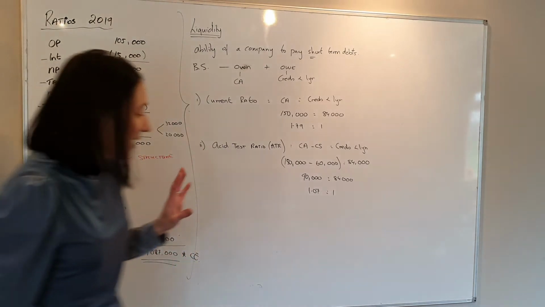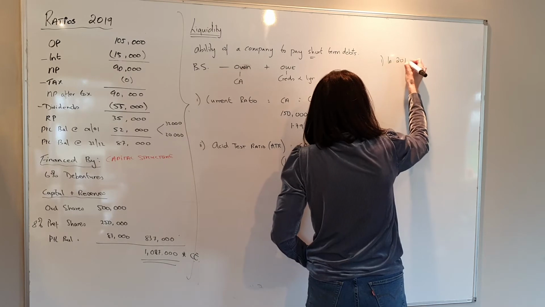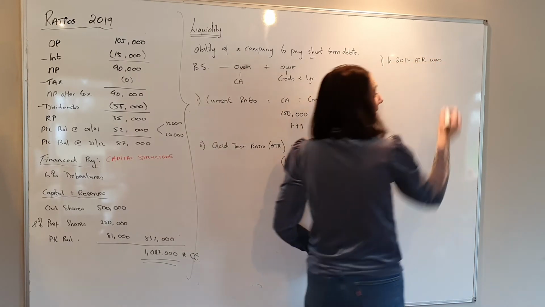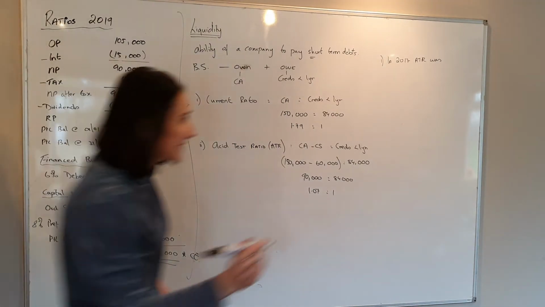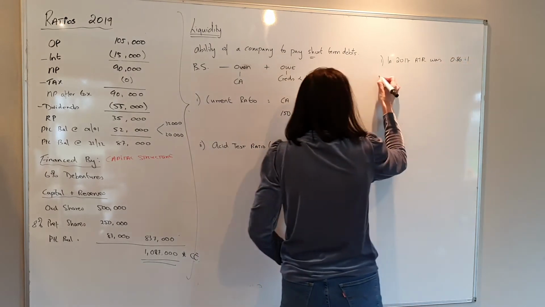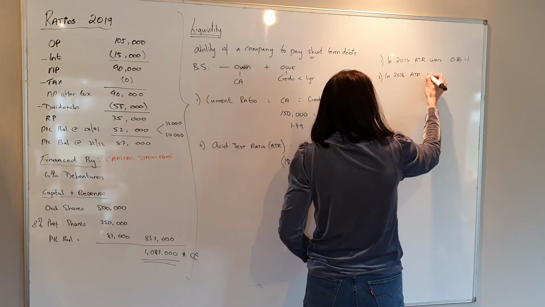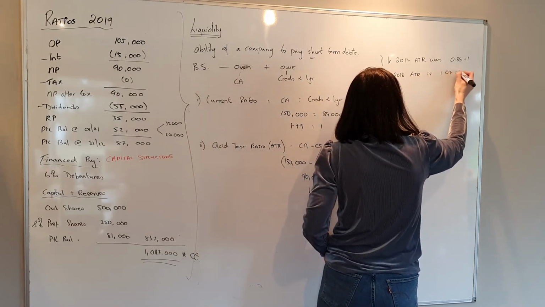So again, I'm going to keep them all the very same. So we're going to say in 2017, asset test ratio was, and we look at the table that they gave us, 0.86 is to 1. Then number 2, in 2018, the asset test ratio is 1.07 is to 1.